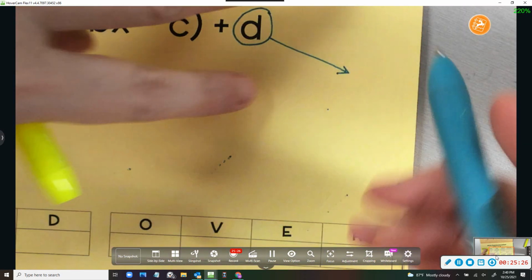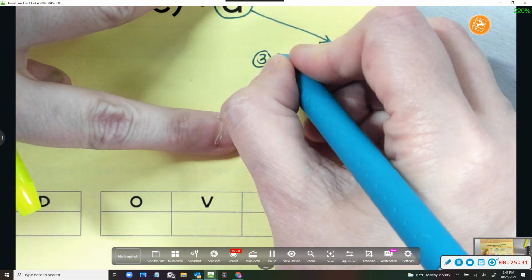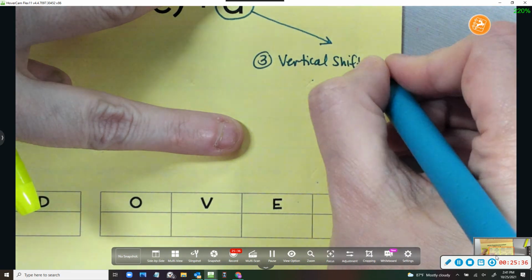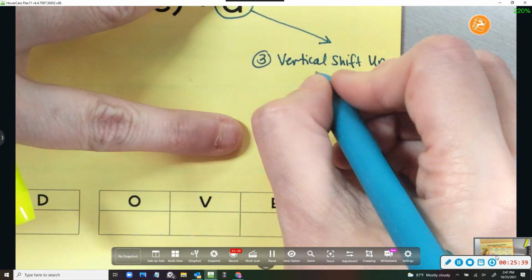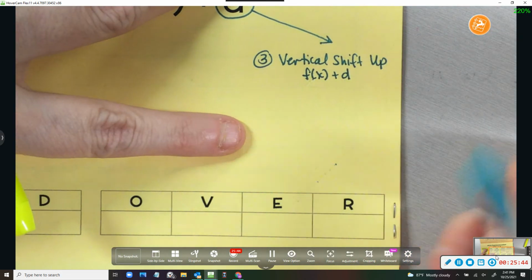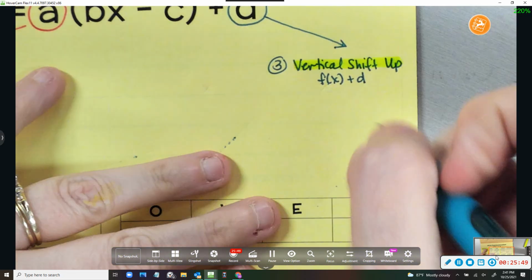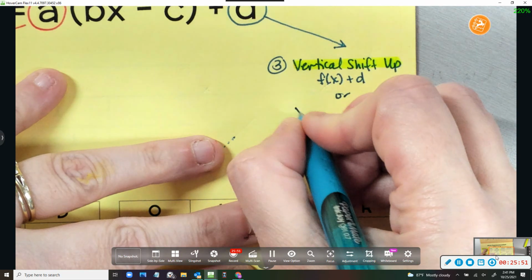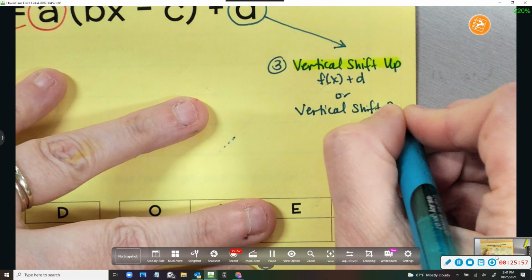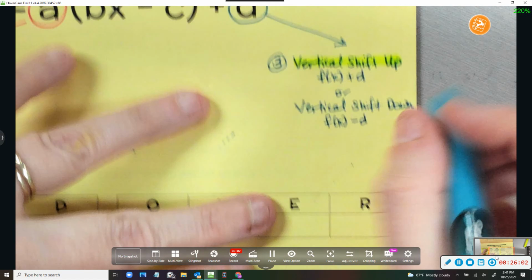Okay. Now over here on this side, the third thing that we could see is a vertical shift up, which is f of x plus d, or we could see a vertical shift down, which is f of x minus d.